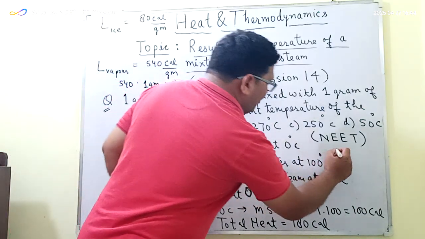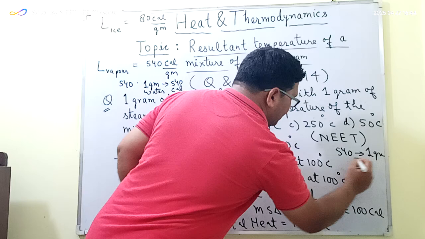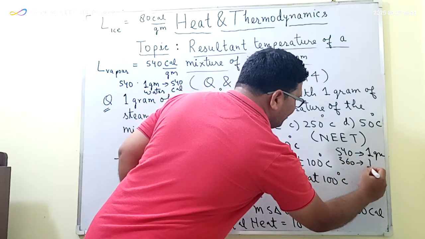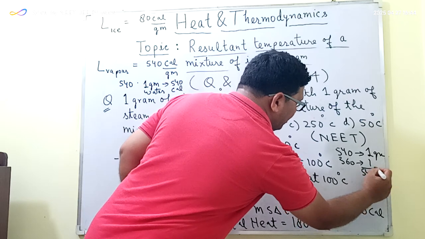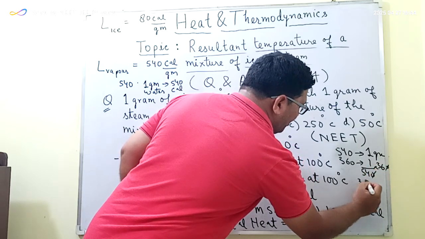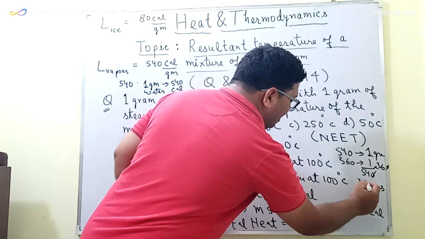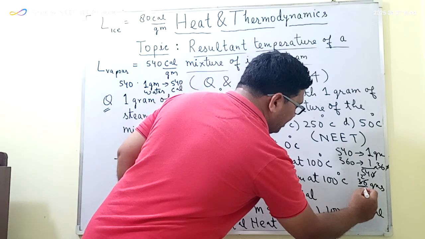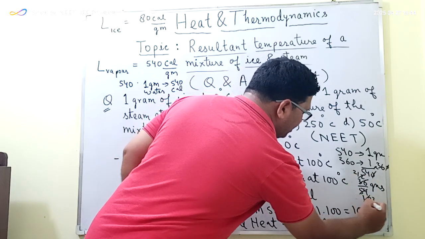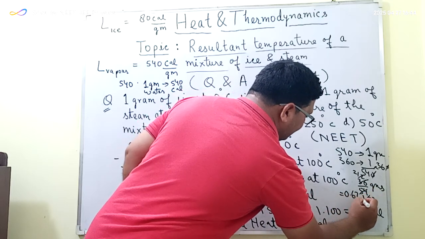That is, 540 calories is required by 1 gram, so 360 calories will convert how much? This is approximately equal to 36 upon 54 grams of water. So roughly, this is approximately equal to 0.67 grams.